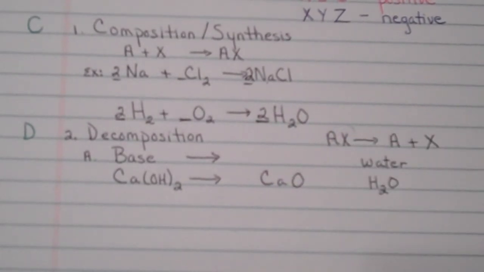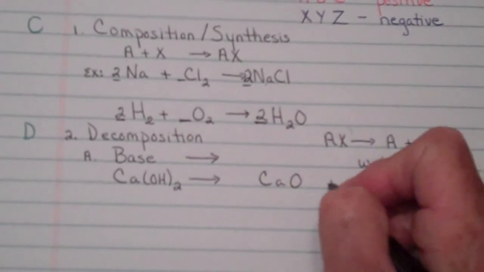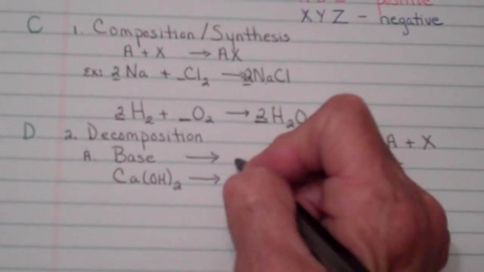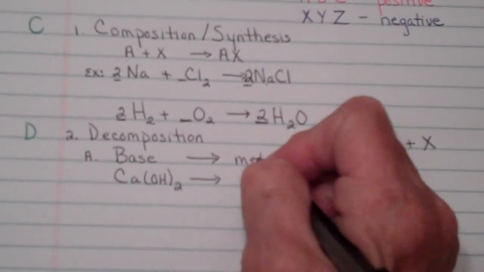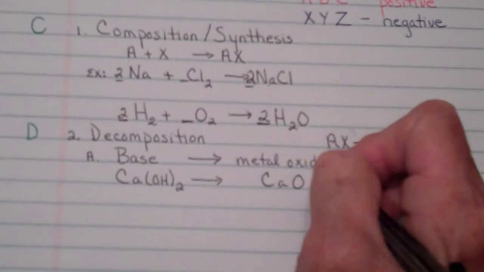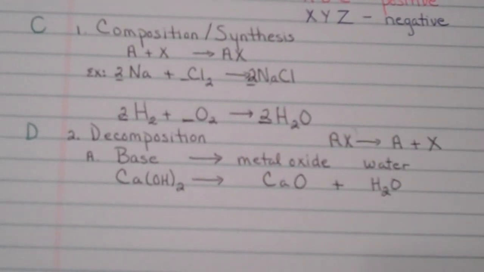Calcium oxide. Now, calcium oxide is a metal oxide. So when bases decompose, they form metal oxides and water.